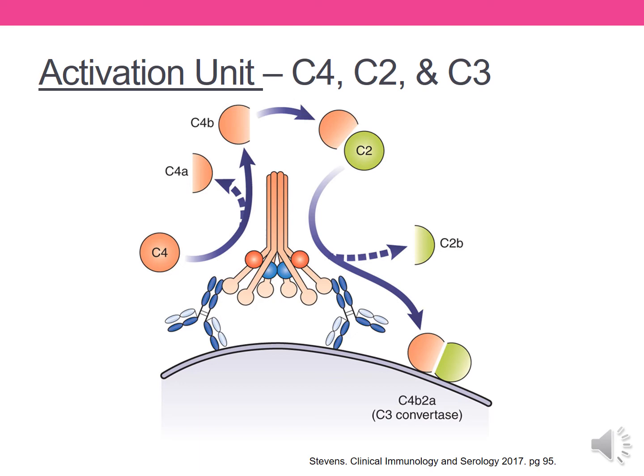C2 will come along, and C1 will cleave C2 into C2a and C2b. C2a will bind to C4b, and C2b will diffuse away. So now we have our C4b2a enzyme complex, and this is also called C3 convertase.